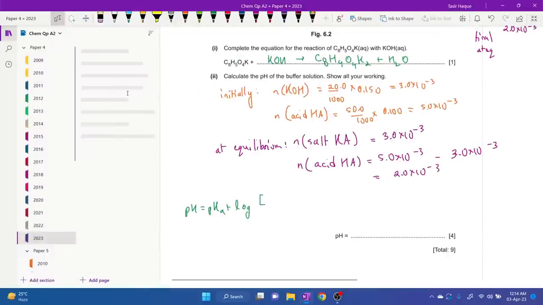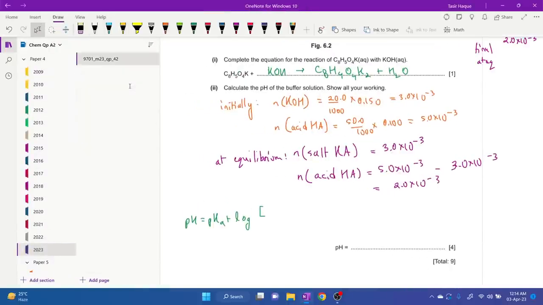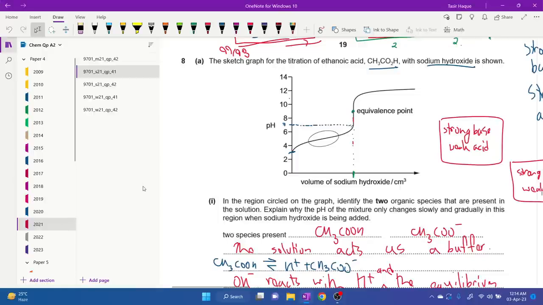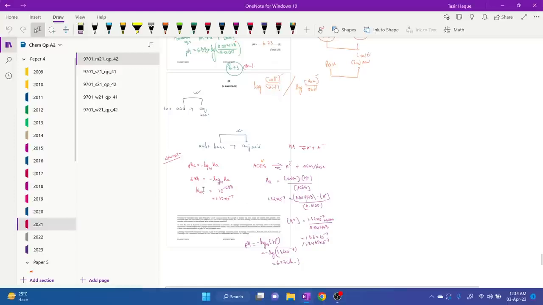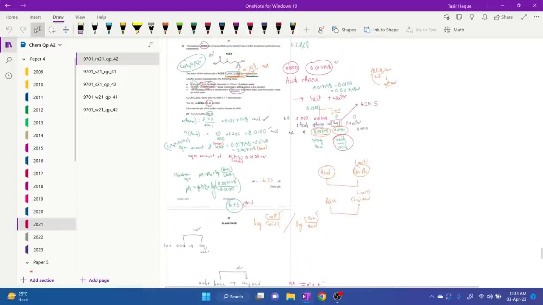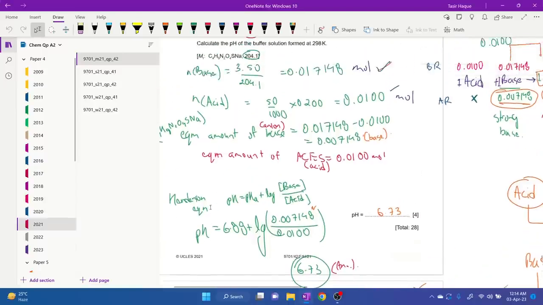There are two variations of the Henderson-Hasselbalch equation, or you could just go for the Ka route. If you opt for the plus sign, it's going to be plus log base 10 of salt by acid, and if you opt for the minus sign, it's going to be minus log base 10 of acid by alkali or base or salt in the context of this question.